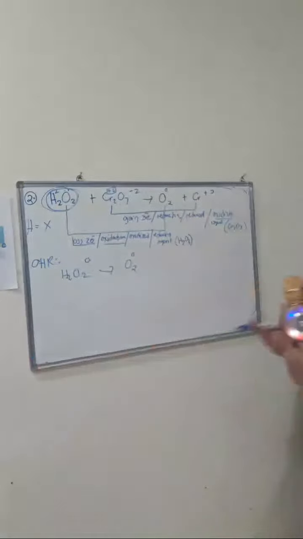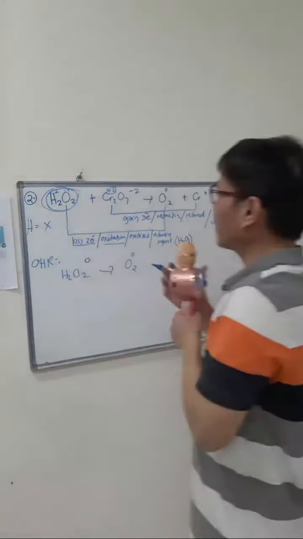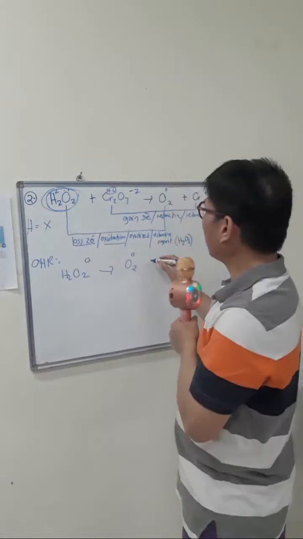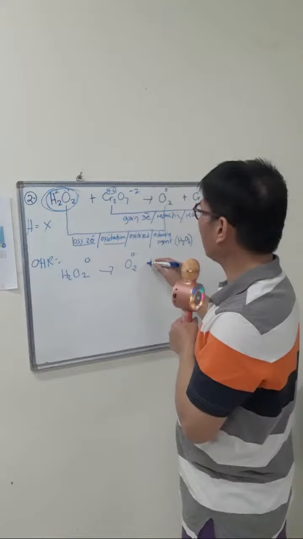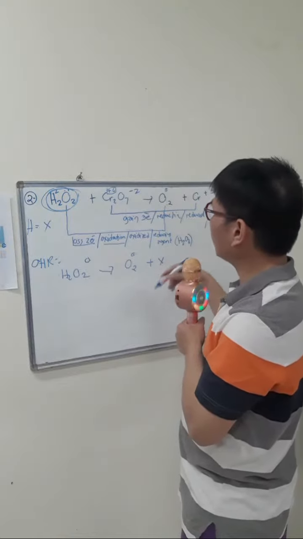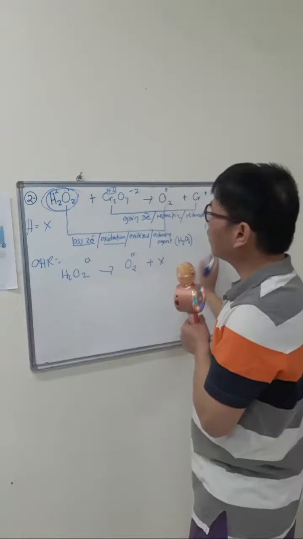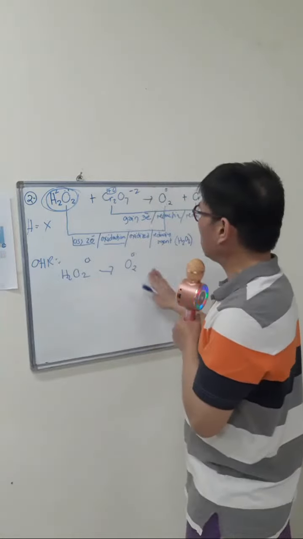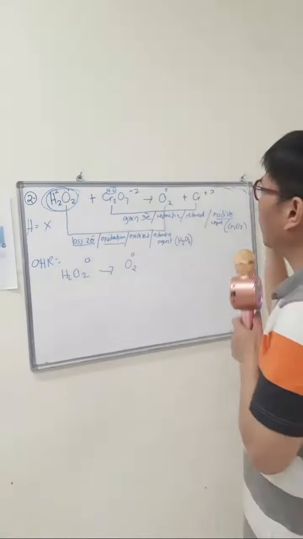Because this is on the spot, okay, something like this, H2O2 goes to oxygen gas plus, let's say, plus X. Okay? So plus X, and then later you need to put the hydrogen later. Okay? So, or we can add the water directly, okay, to make it safe. Get the point?